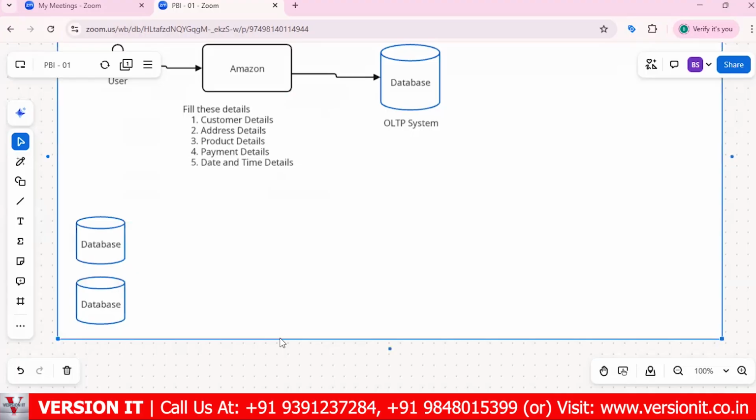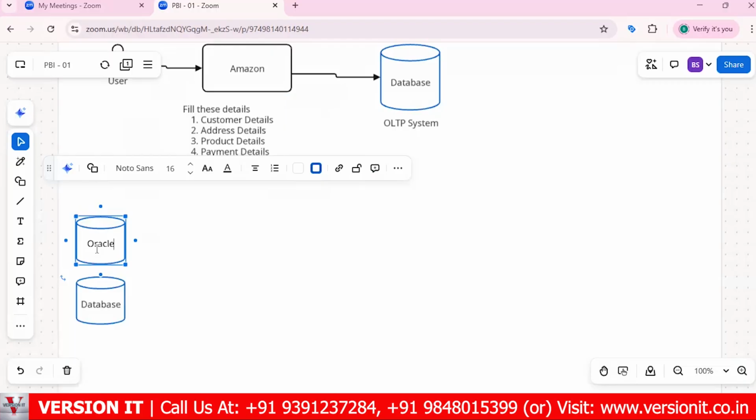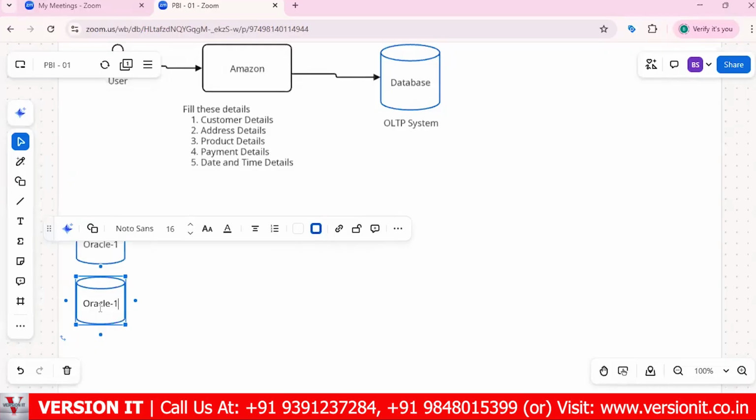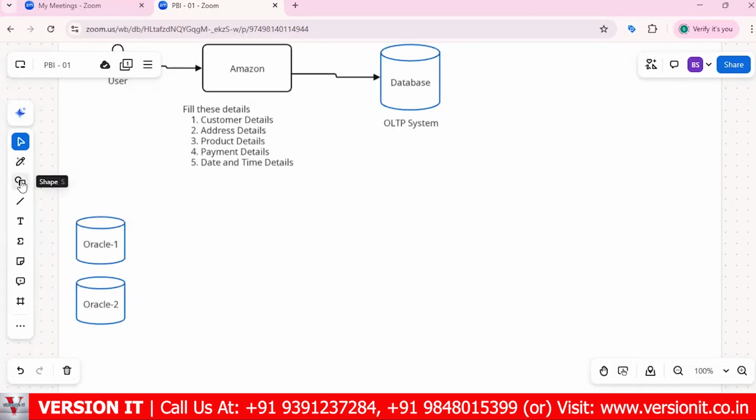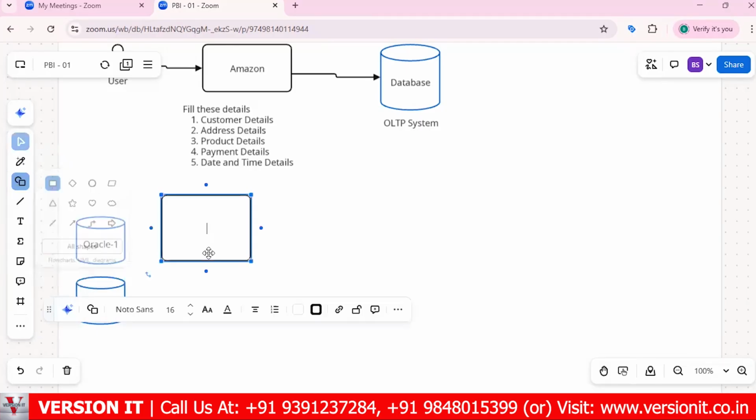In my case, presently we are working with Oracle. Let's say this is DB1 and this is DB2. Both these databases are in one single server, and we connect to that one single server.